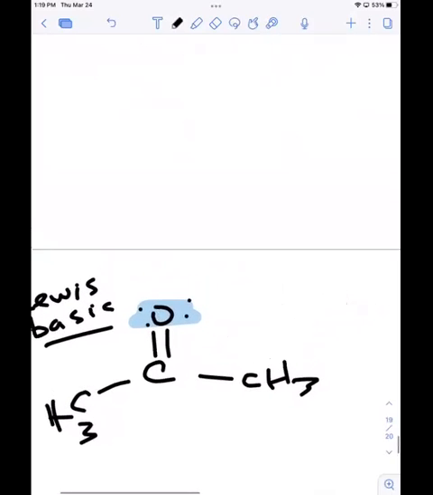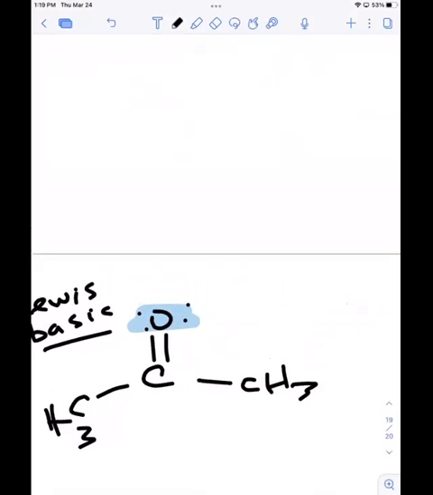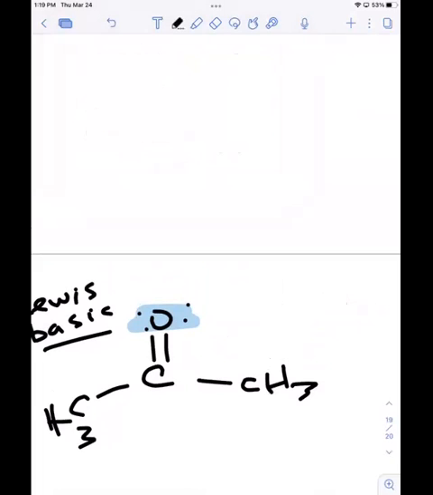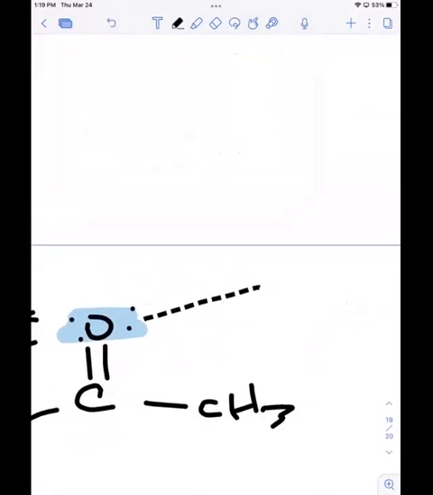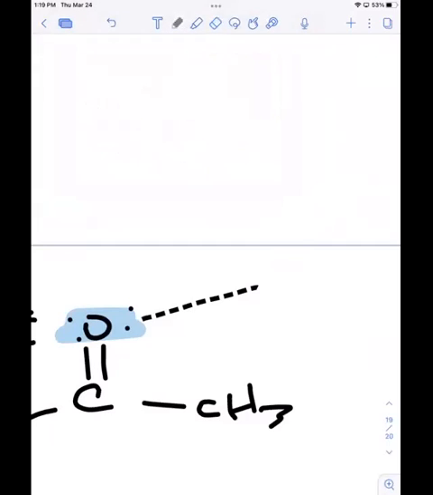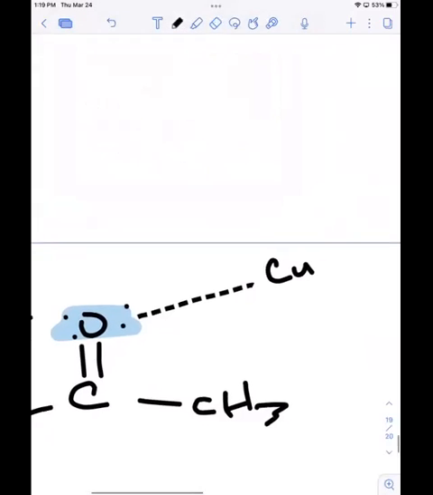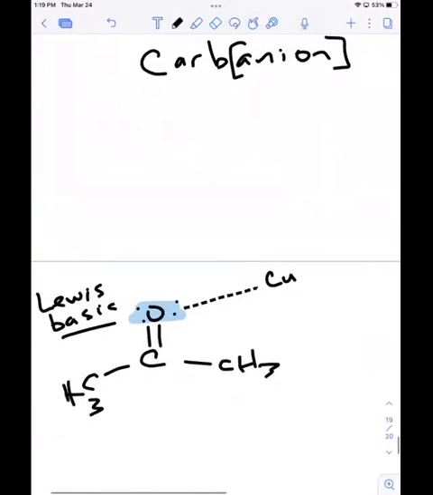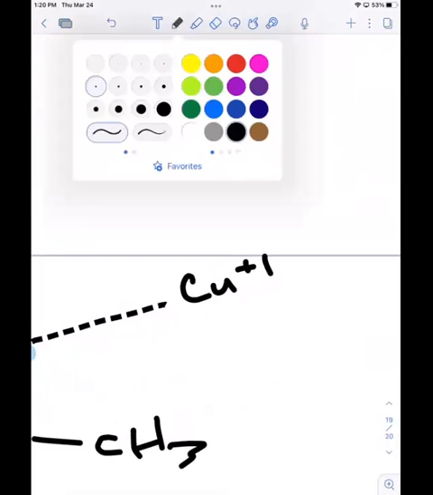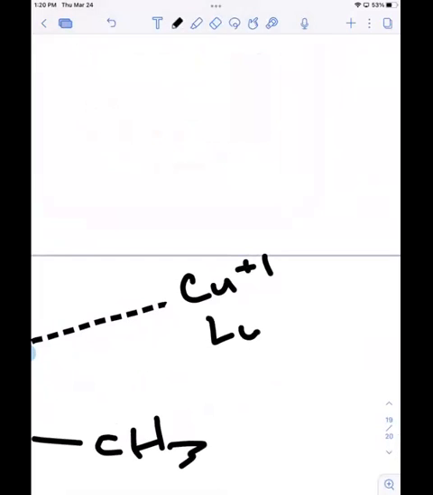And then if that oxygen donated a pair of electrons to an atom like, let's say, copper +1, then the copper in this case is going to be what we call Lewis acidic.